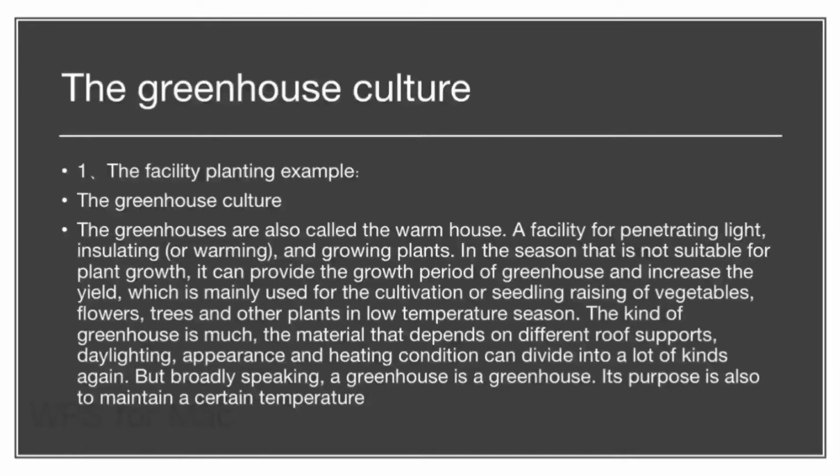It is mainly used for the cultivation or seeding, grazing of vegetables, flowers, trees, and other plants in low temperature season. There are many kinds of greenhouse. Depending on the material, root supports, lighting, appearance, and heating condition, it can be divided into a lot of kinds. But broadly speaking, a greenhouse is a greenhouse. Its purpose is to maintain a certain temperature.